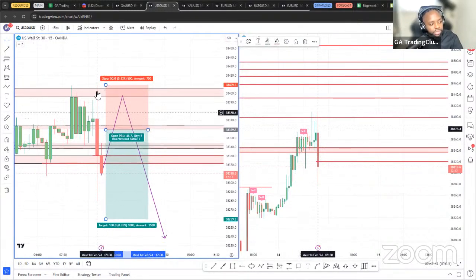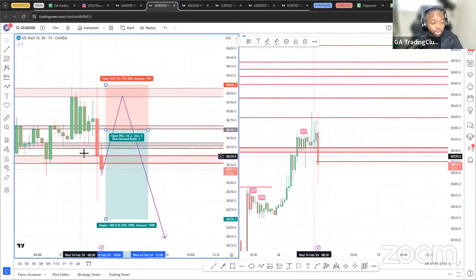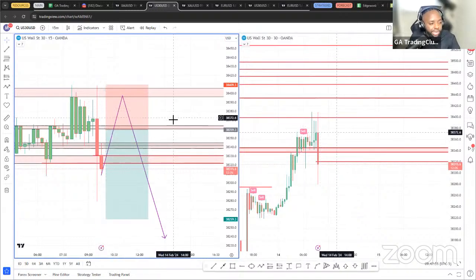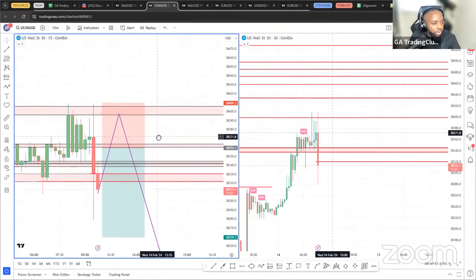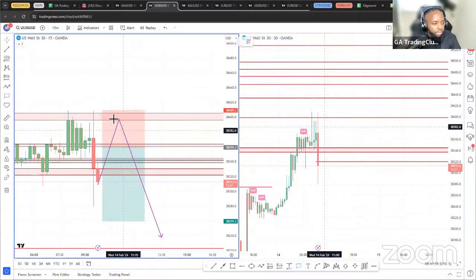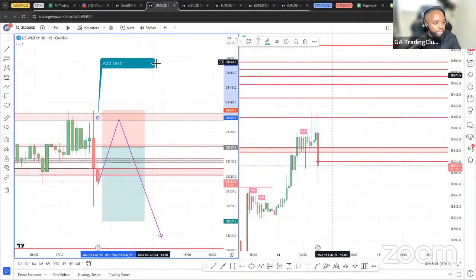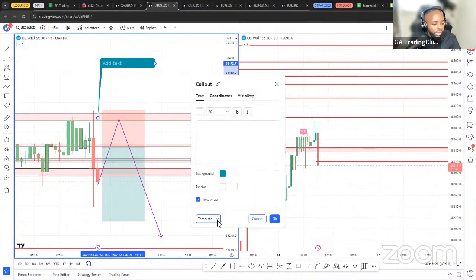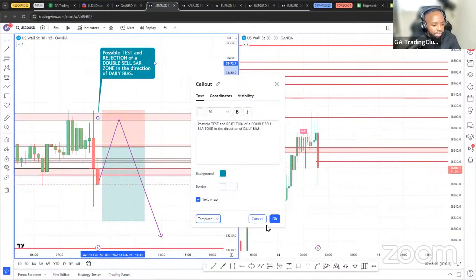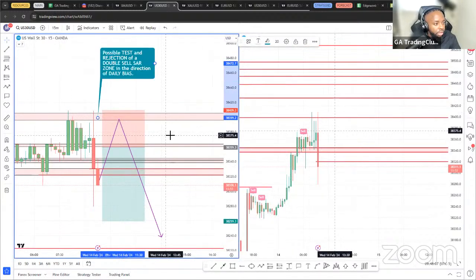Also, when these two 15-minute candles do close, the trade setup, and I do see US 30 flashing soon. If this 15-minute candle closes as well, it will also validate a test and rejection entry. So if I put this up, the test and rejection will be based off of this zone that's above here, test and rejection sell.